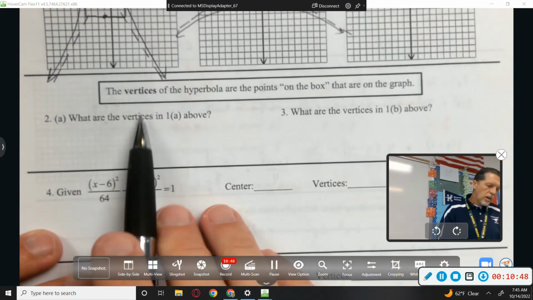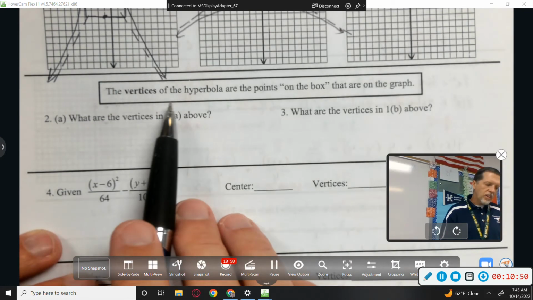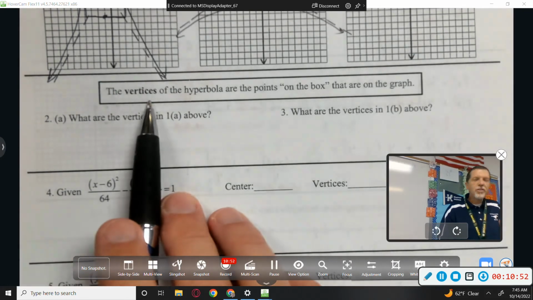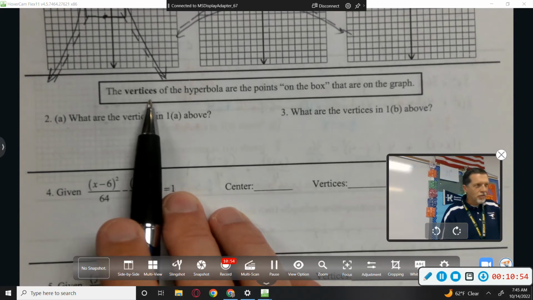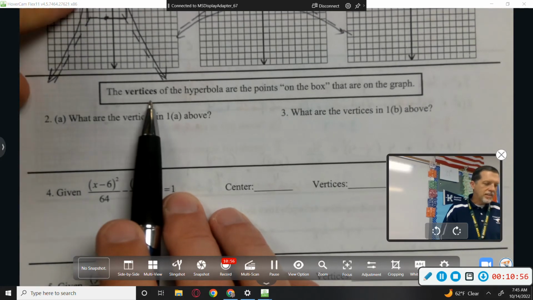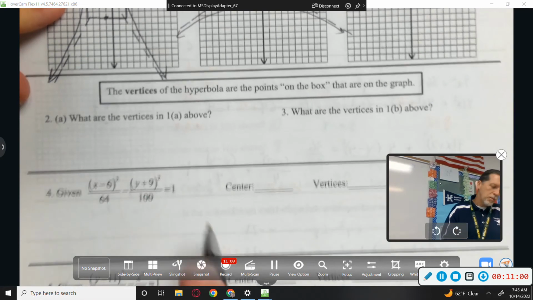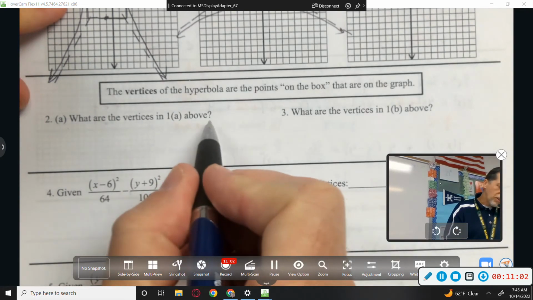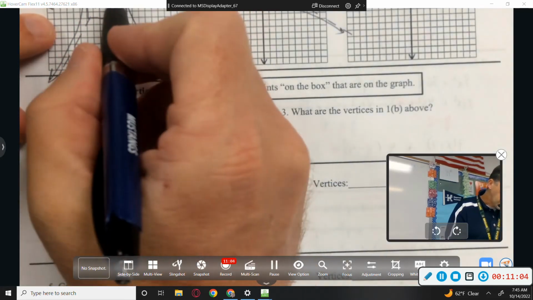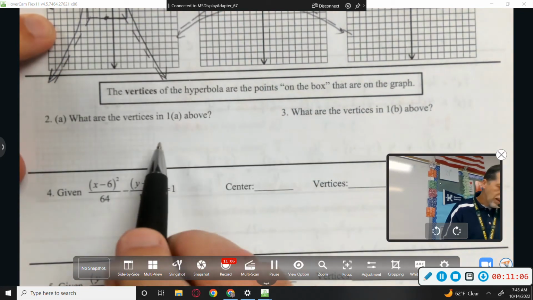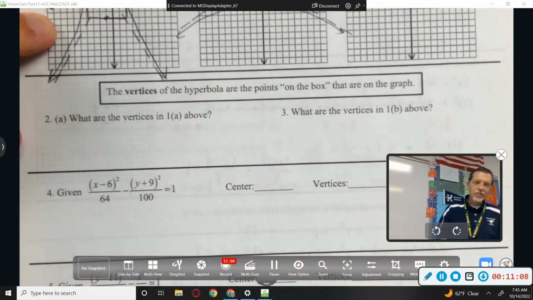Number 2. Again, the vertices are the points. The vertices are what you think the vertices are, right? Like, you know what the vertex of a parabola is. It's the same thing. It's just the bottom of the curve, or the leftmost or rightmost point. So the vertices in 1A, probably the easiest way to do it is to just read them off the graph.